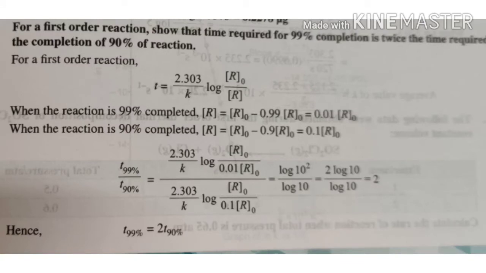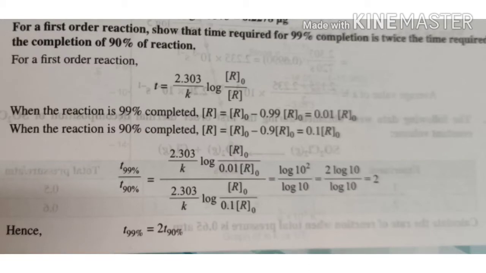Now this is the question. This is from your textbook. Show that for a first order reaction, the time required for 99% completion of a reaction is twice the time required to complete 90% of the reaction. Now for a first order reaction, we can write T is equal to 2.303 upon K log R0 upon R, where R is the reactant.